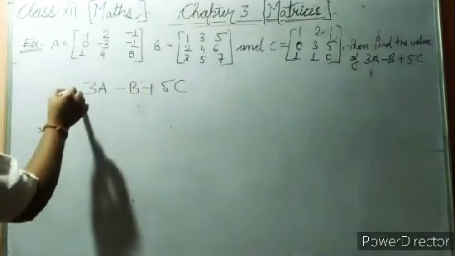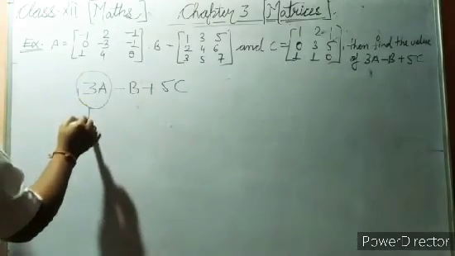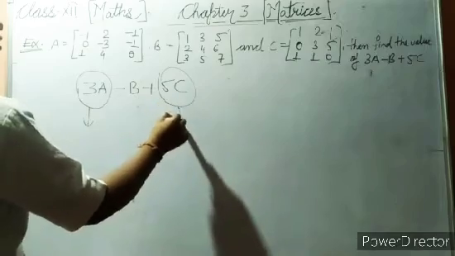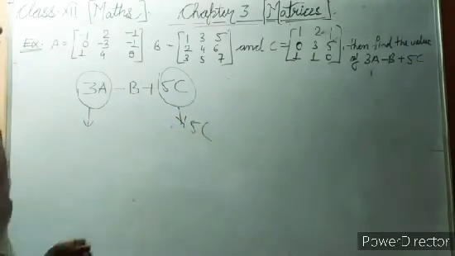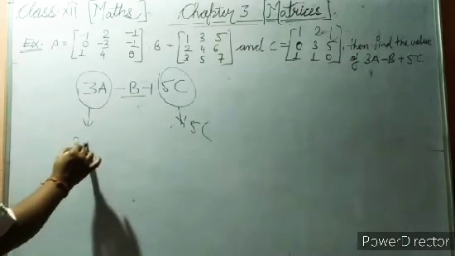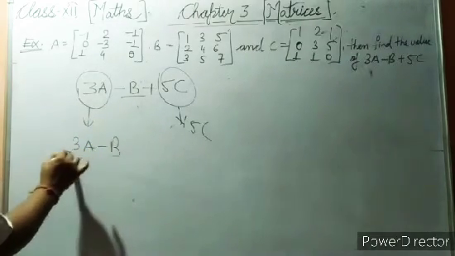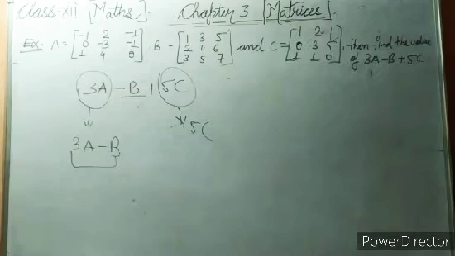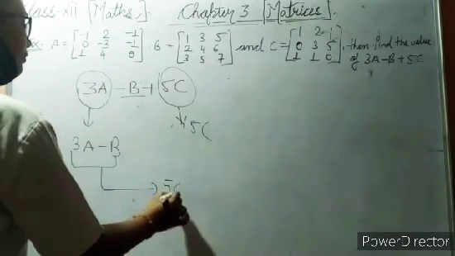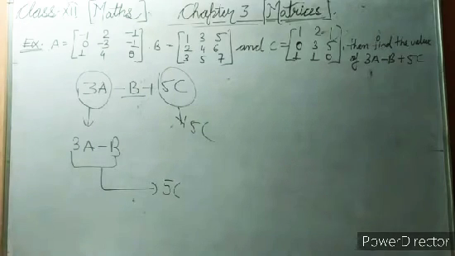So first, you find 3A, first step. Second, you find 5C. B is the same. After that, you solve 3A minus B. I think you can solve. After getting the result, you solve with 5C. Then you will get the answer. So you try to solve first.